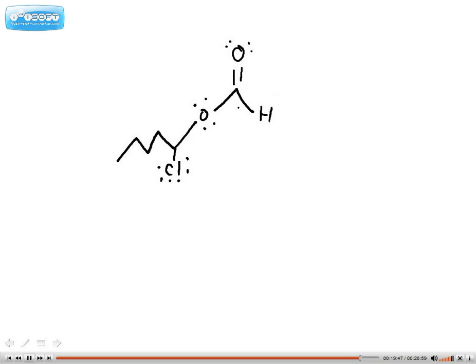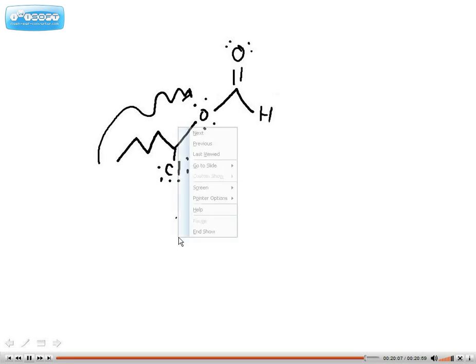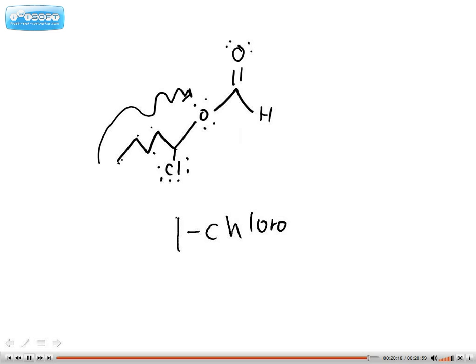Now, even though we often say the parent is going to be connected to the carbonyl side, there's no reason that the R group coming off the alcohol portion can't be bigger. So in this case, this could be written as 1-chloro, and 1, 2, 3, 4, 5, 1-chloropentyl, space, and then this would be a methanoate.